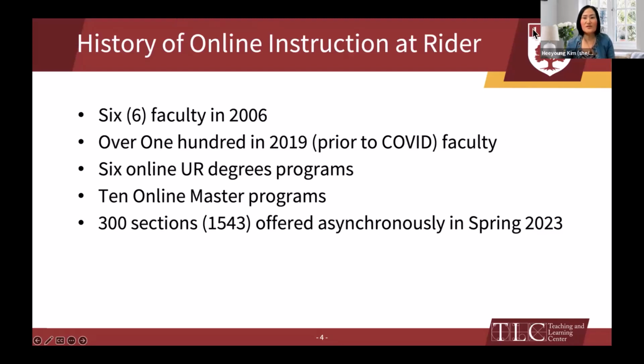It's not the remote instruction that we did during COVID. The Teaching and Learning Center has always supported faculty with distance learning and online education, so we've always been looking for other ways to help student engagement and student success. This is one of the tools that we implemented, and we got some great ideas, so that's what we want to share.